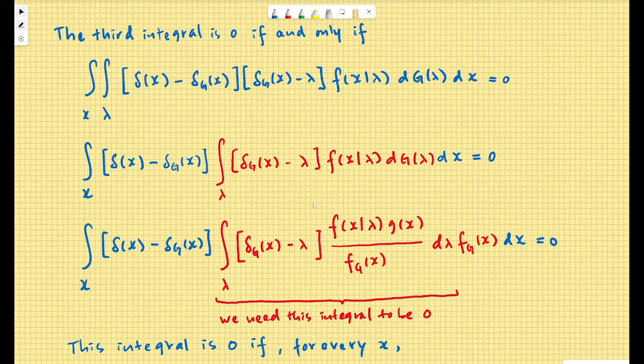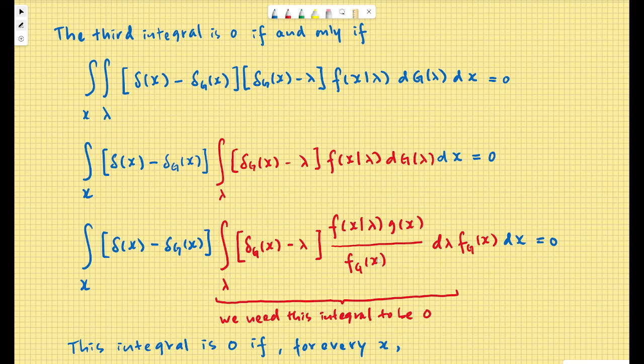The last line is some more algebraic manipulation. I try to rewrite things in terms of posterior density. Essentially, I multiply and divide by the marginal density. So the ratio here is exactly the posterior density. And then this integral needs to be 0, but what is it?